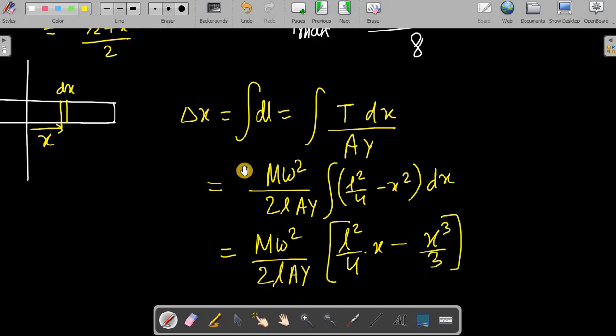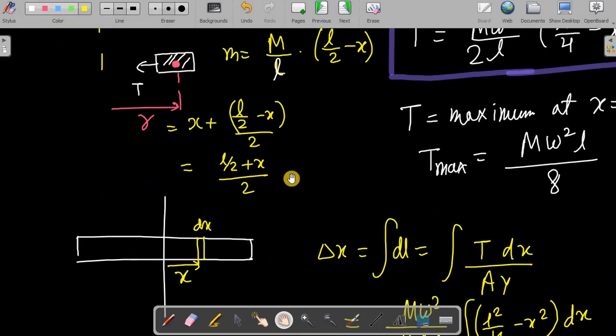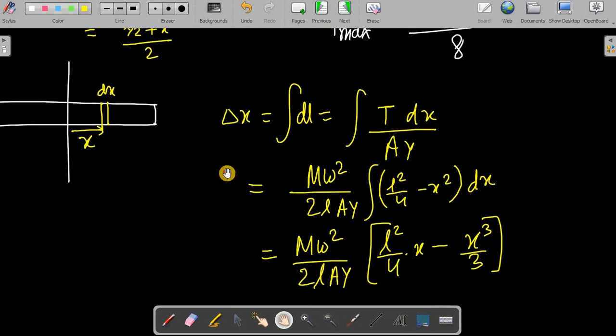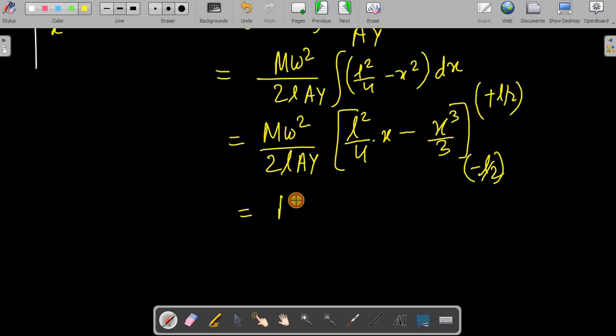And here the limits, where can x go from and to? While doing the total elongation, I think we have to consider both sides. That means you can go from minus L by 2 to plus L by 2. Let's check that total elongation you can calculate.